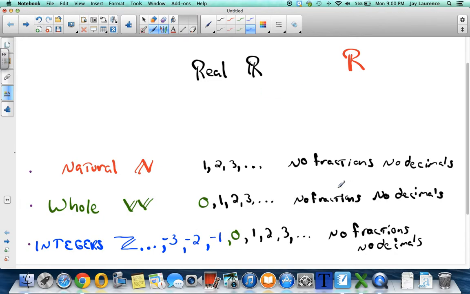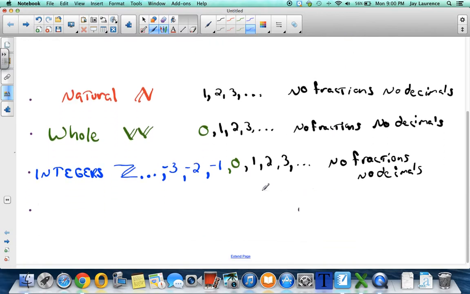No beginning, no end. One way to help you remember the integers is to think about a number line without fractions or decimals. It's kind of a good model. Again, we're not considering the numbers in between, only the whole numbers and their negatives. So that's your integers.